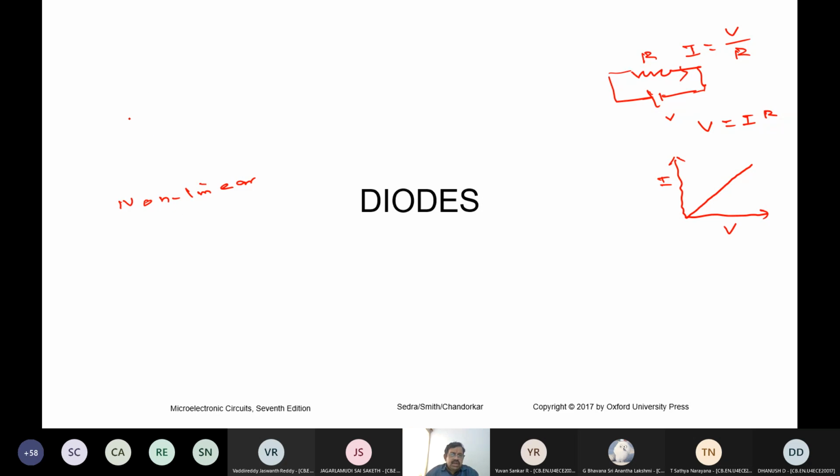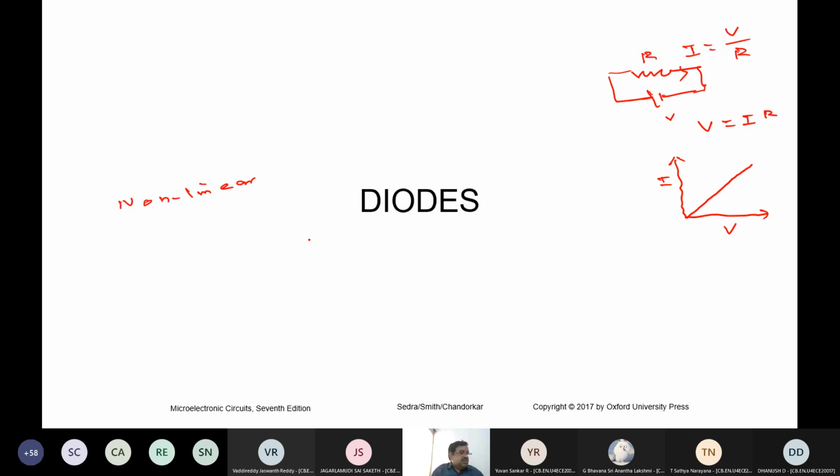For example, when we talk about certain specific signal processing conditions, we will have to deal with nonlinear signals, in which case we need to make use of a diode, and most often that is the case. Now let us go step by step, and then we will also see an application of the diode in this class. A simple application, which is the rectifier application.